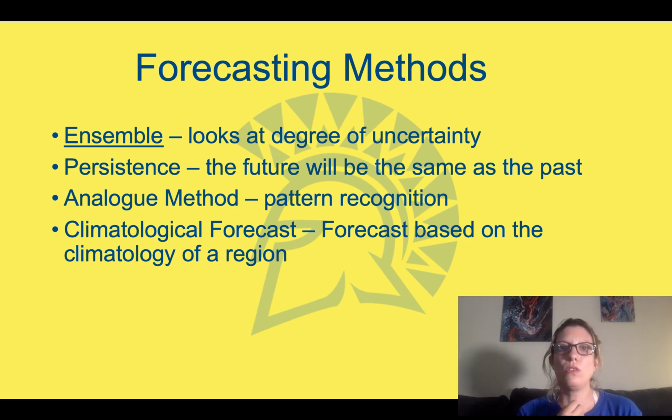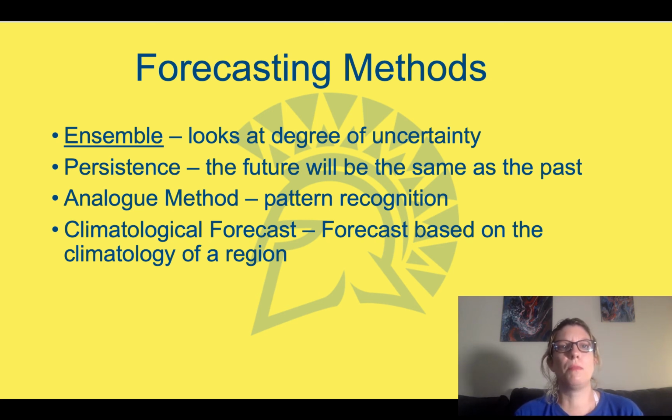And if those models converge or agree with each other, then we have a pretty high degree of confidence. But if they don't agree with each other, that's when we're not as sure. Our confidence is low in the models. And so that's where different models' biases come in and different things like that happen. So that's where the ensemble forecasting comes in.